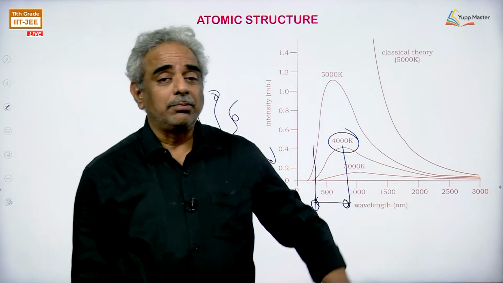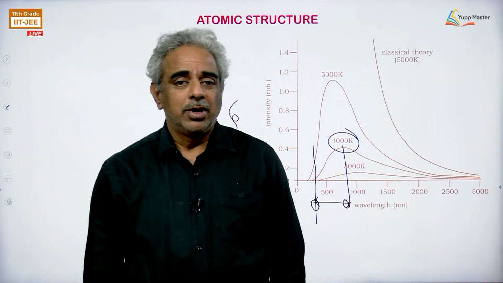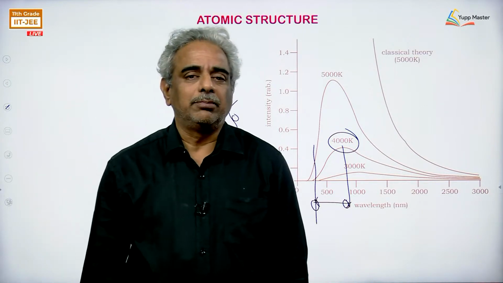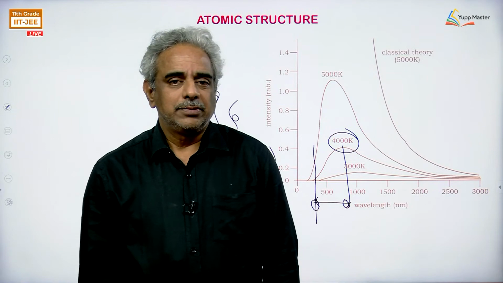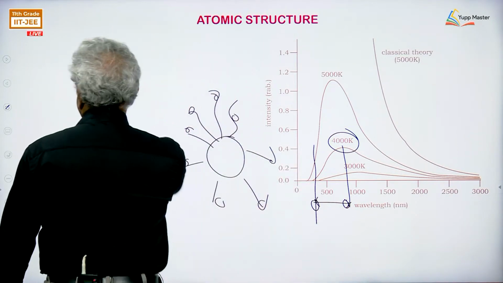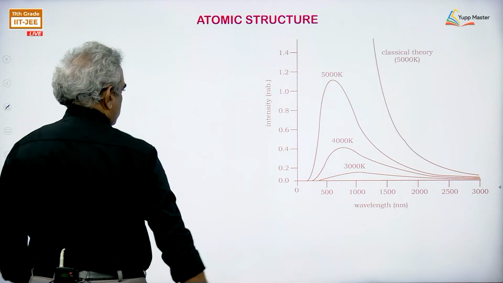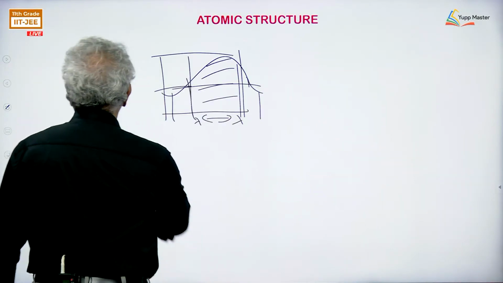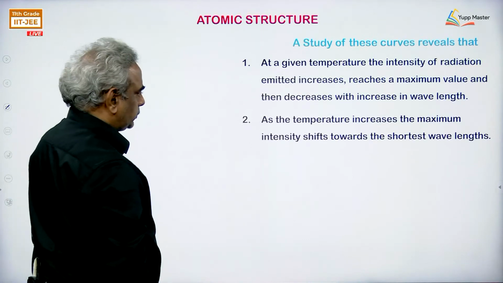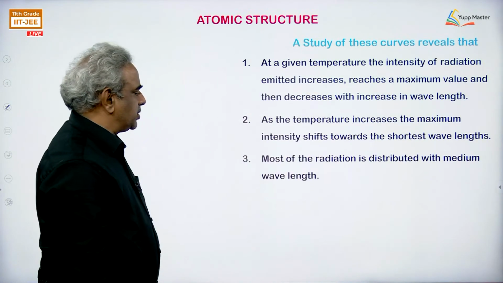We already got atomic spectrum, line spectrum. We already got Niels Bohr's, we already got the hydrogen spectrum. So this is how we appreciated blackbody radiation and the curves, and we explained the curves and their nature.